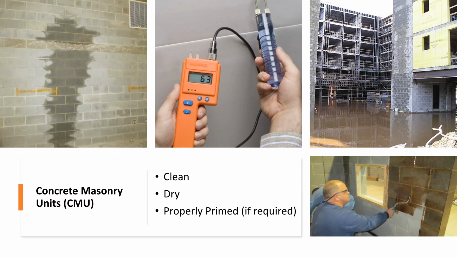So overall, they have to be clean, they have to be dry, they have to be properly primed. And I'll give a caveat to that: it's primed if you're using a self-adhered membrane, but there are some self-adhered membranes that say they don't require primer. If that is the case, then this concrete masonry unit substrate prep has to be very good, because priming helps cover some sins, right?